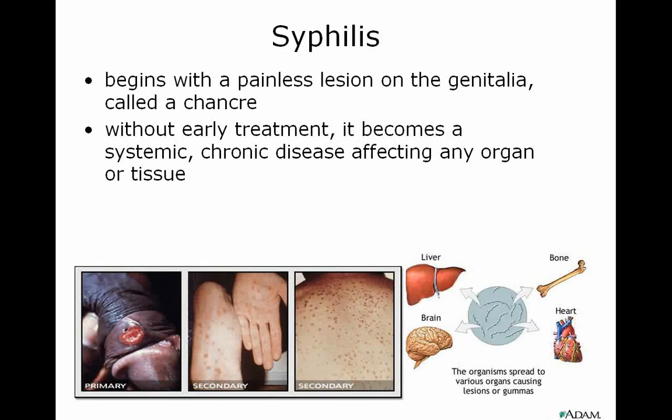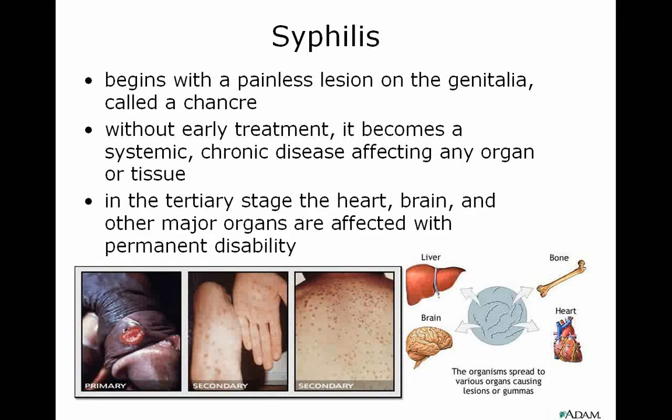Certainly, without the treatment, the person will go through these stages. They'll go through, like I said, 1 to 40 years, a long time before they develop those life-threatening problems in the major organs, the heart and the brain and so forth. But eventually, if they haven't been treated properly, they're going to have damage to these major organs.